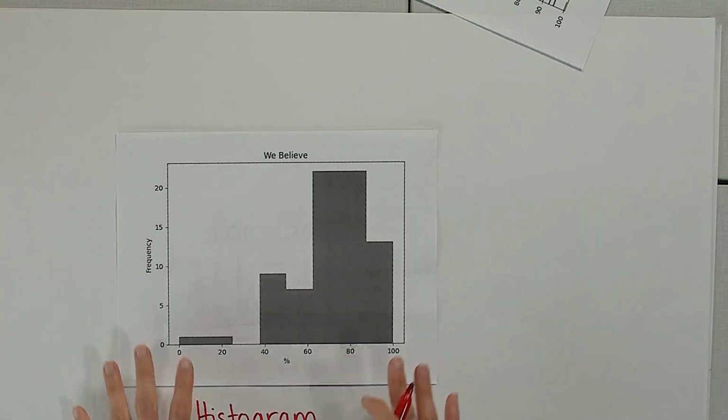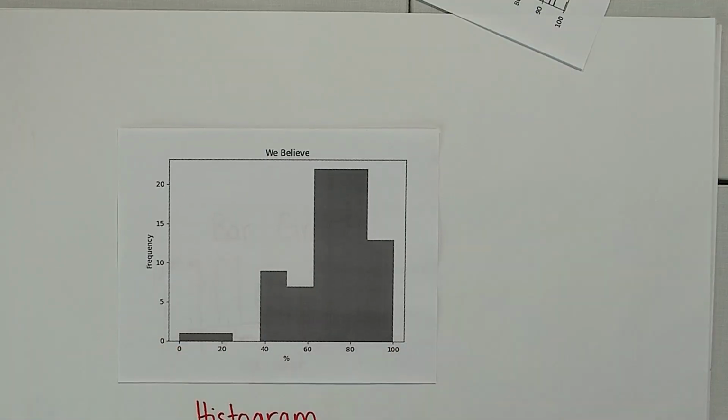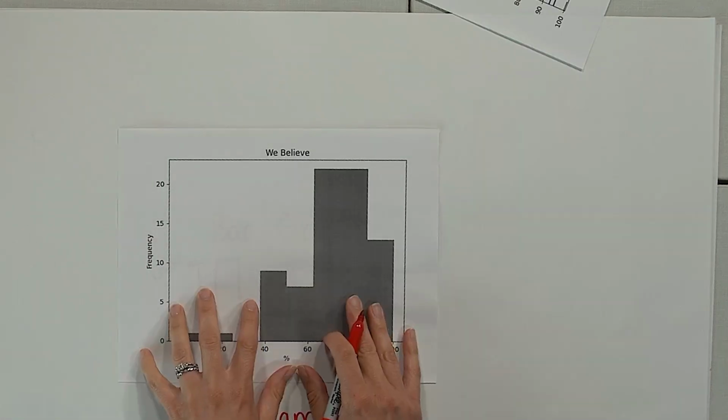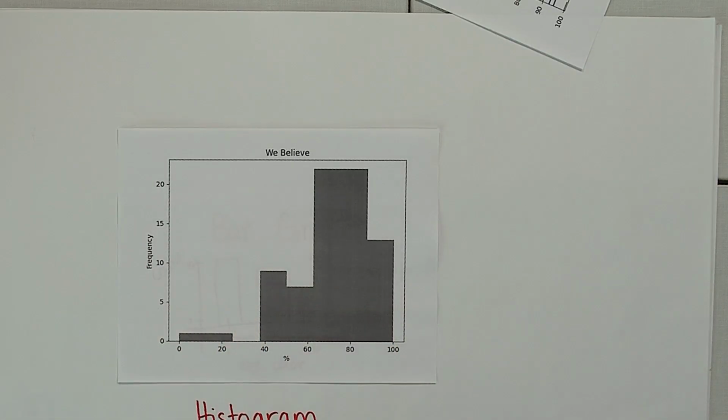Ooh, yes. So Wade made this with Python, and this is actually a frequency histogram. That means the y-axis is the frequency. There's another type of histogram called a density histogram where the y-axis is the density instead. I like these frequency histograms because they're very easy to interpret.